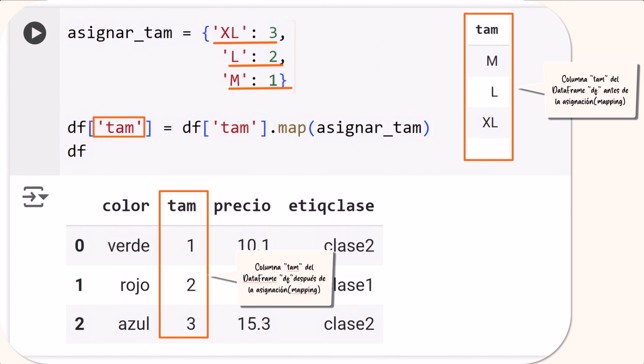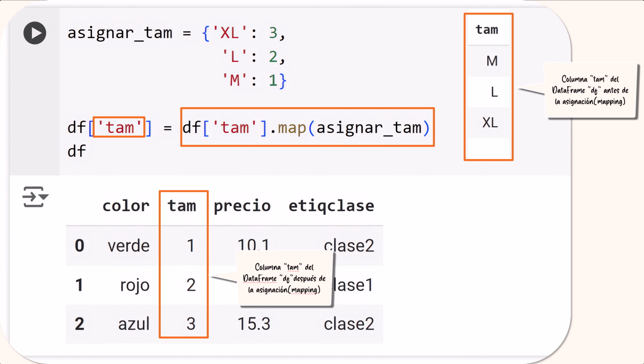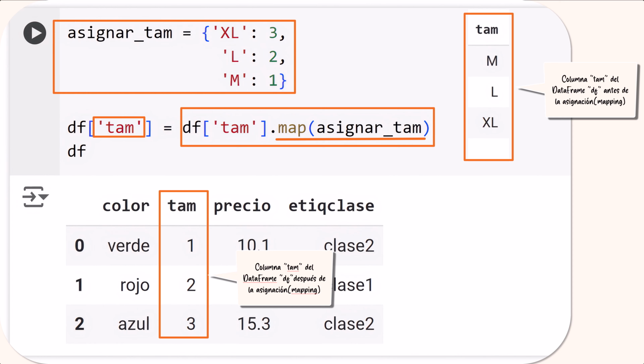To carry out this assignment in this code, we use the pandas map method, which replaces the values of a series based on a dictionary that, as we see here, we pass as an argument to the method. This argument could also be a series or the result of calling a function. But here we pass directly a dictionary that assigns a numerical value to each size.